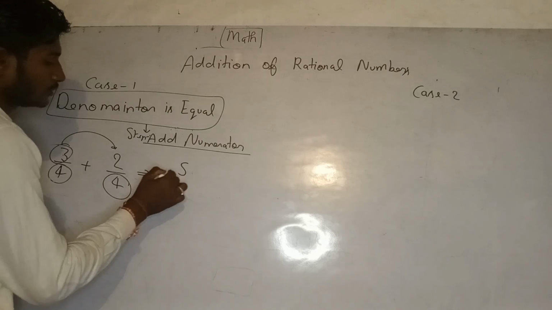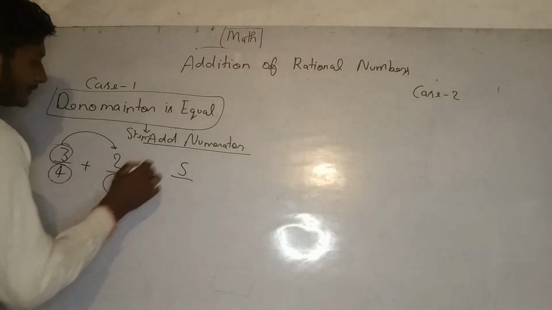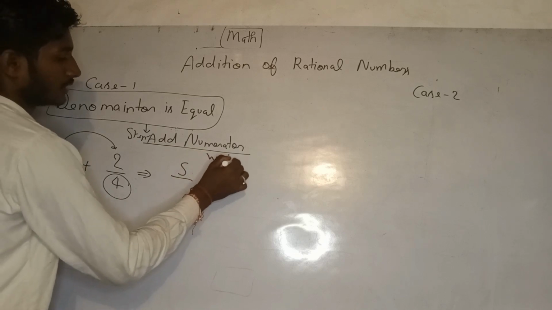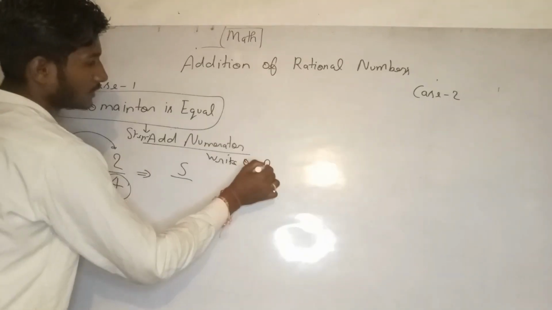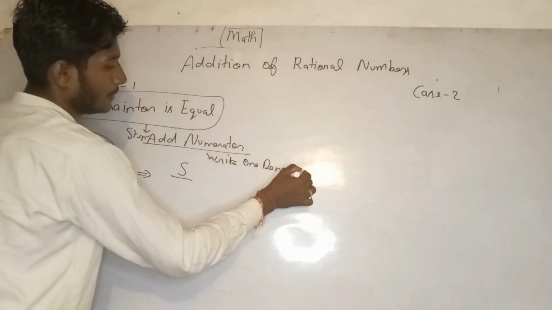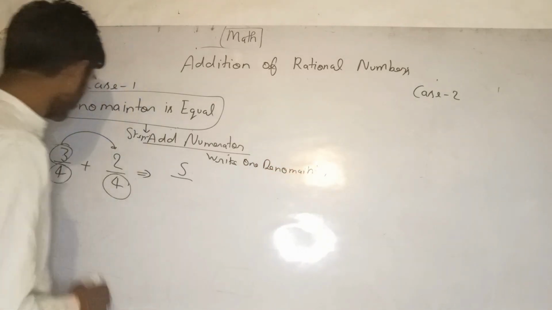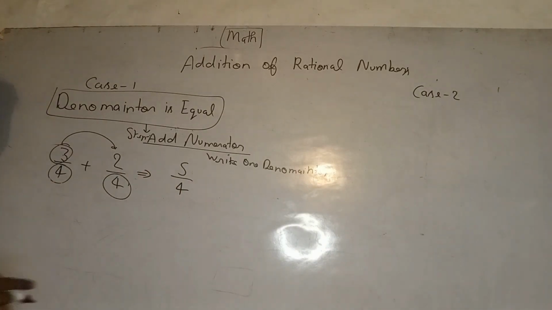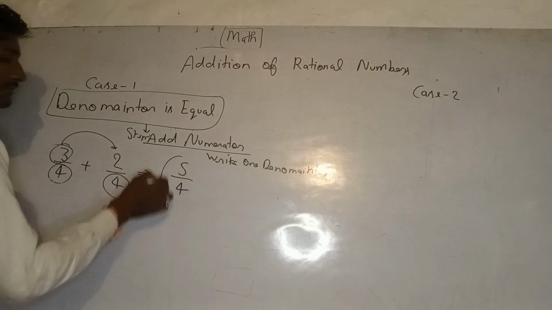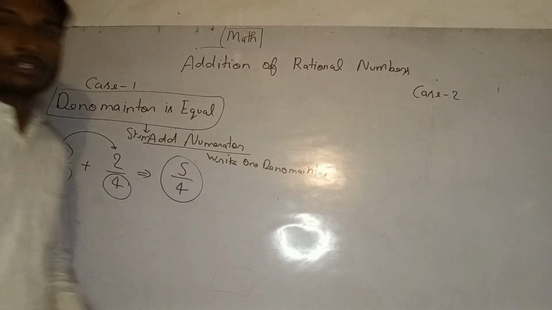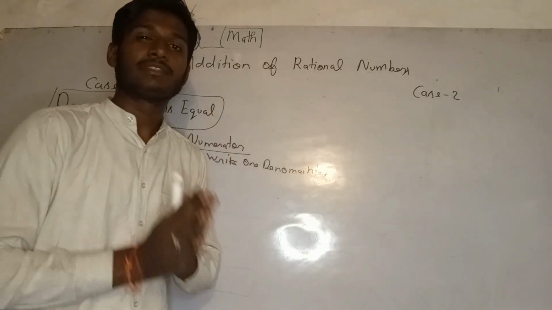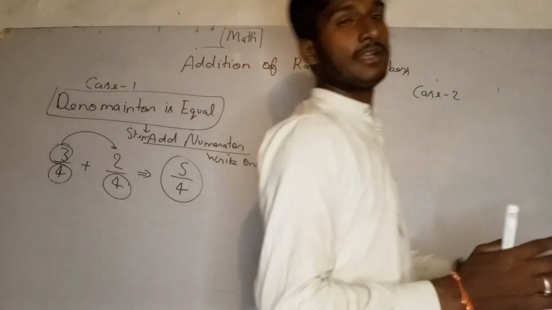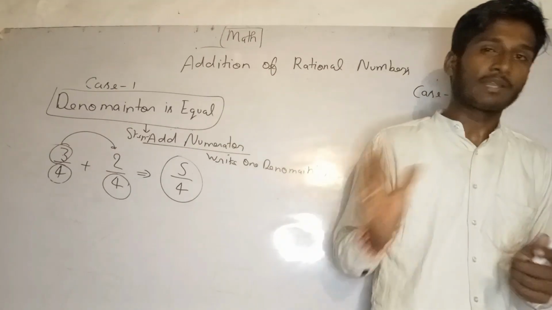3 plus 2 is equal to 5. Add the numerators and write one denominator. These are two denominators, 4 and 4, so we write only one denominator: 5 upon 4.